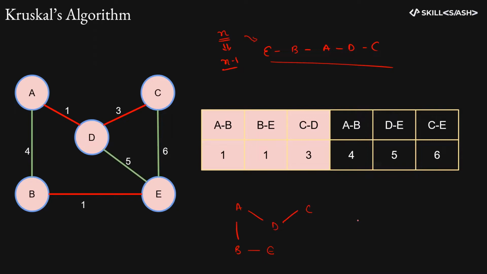And this is what is called a spanning tree. This kind of subgraph is called a spanning tree, where if you have to go from D to E, you have just one path, not like this. If this edge is added into the subgraph, then it is not a spanning tree.